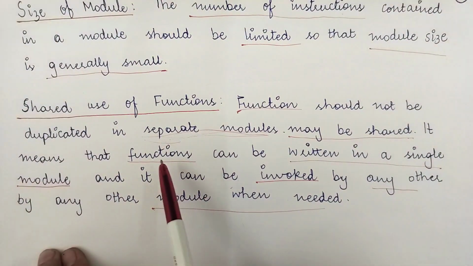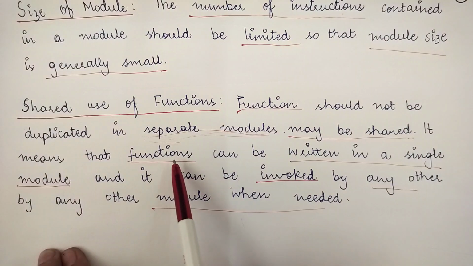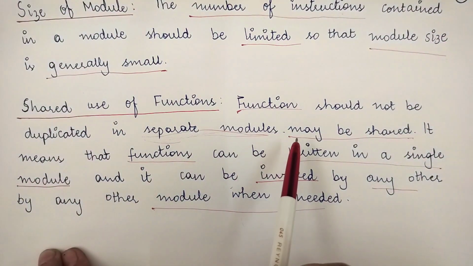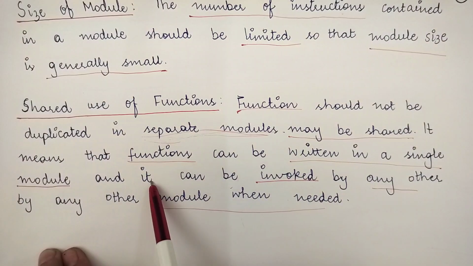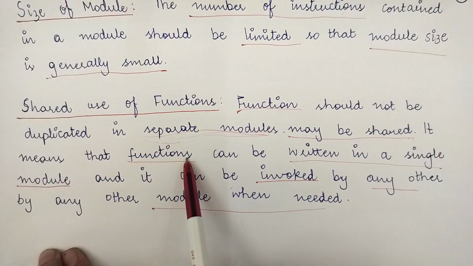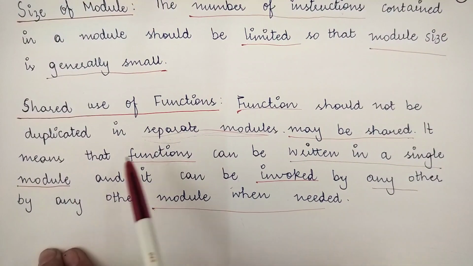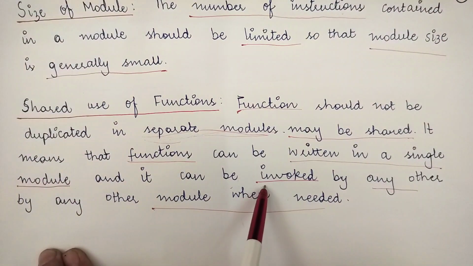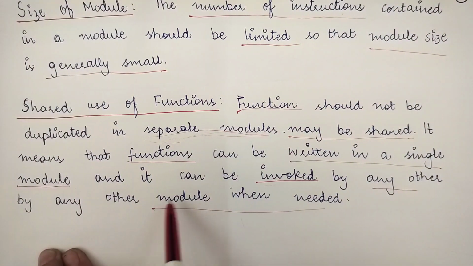What you can do is create a separate module for that common functionality, which would be called a function, and then all the modules can invoke that particular function, which is again a module only. That function is also a module, and this particular module of the function can be invoked by any other module whenever needed.